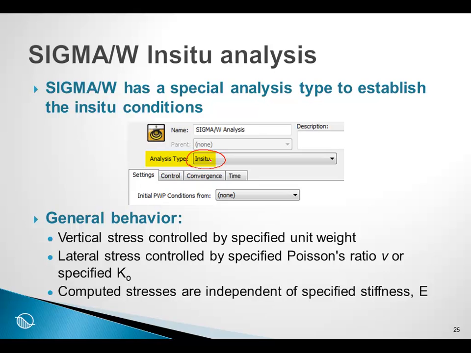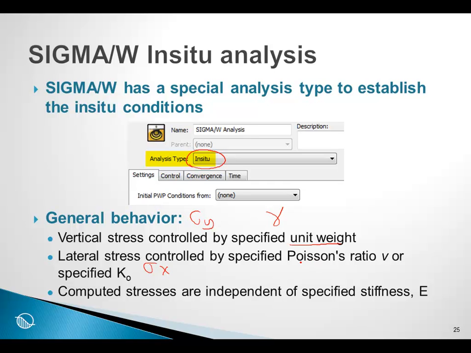Now generally, when you do an in situ type of analysis, the general behavior is like this. The vertical stress, sigma y, is controlled by the unit weight of the soil. The lateral stress, or the sigma x, is controlled by one of two things.